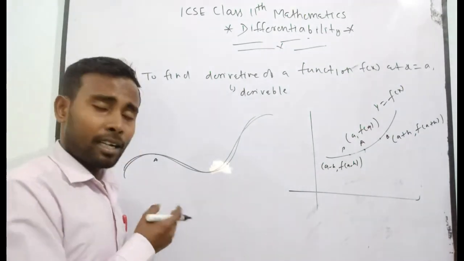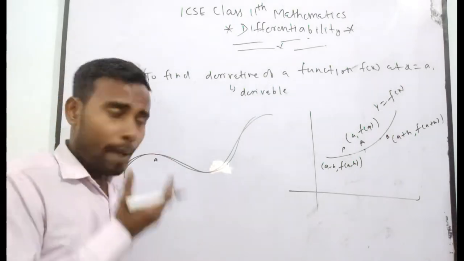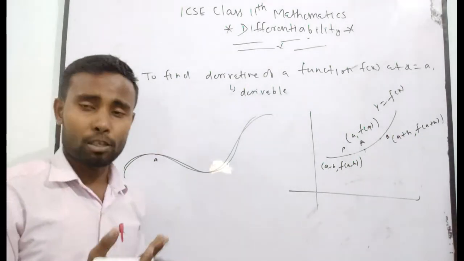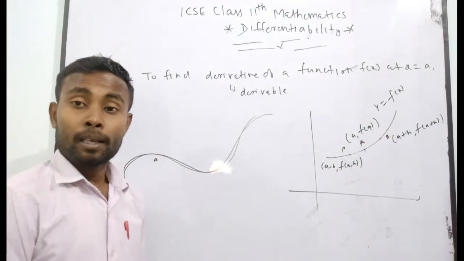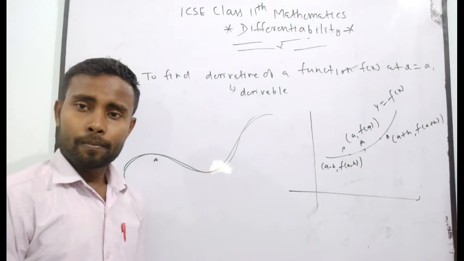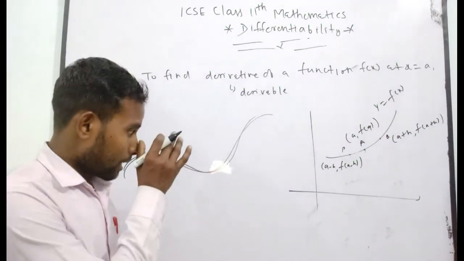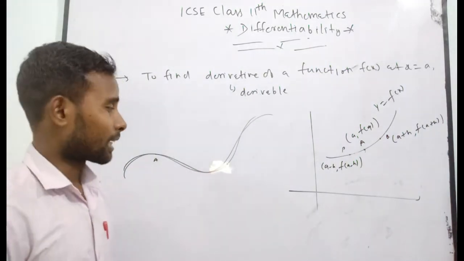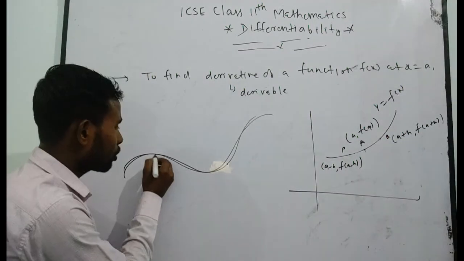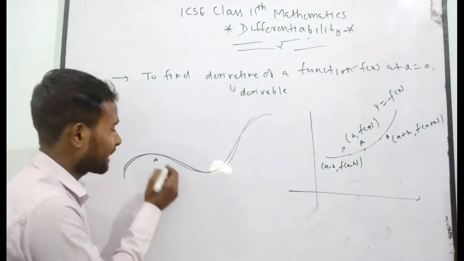Is there any algebraic method? As you know, velocity is equal to distance divided by time, or displacement divided by time. Is there any similar formula by which you can find the velocity of a particle at this point A?